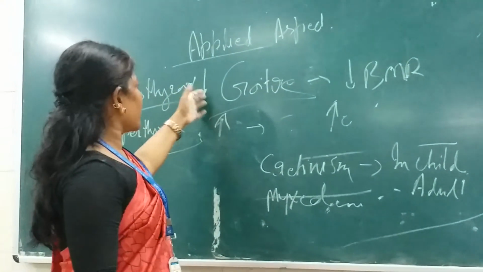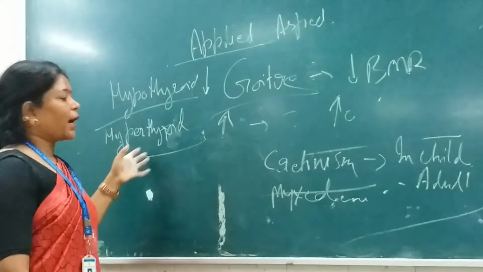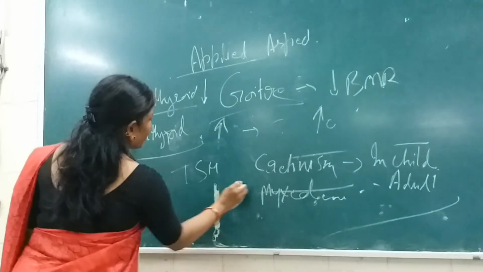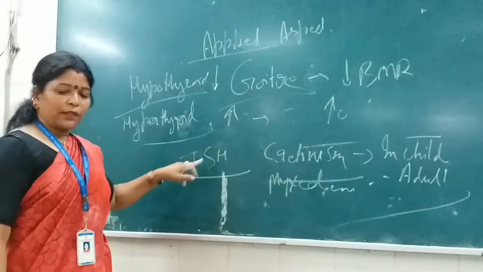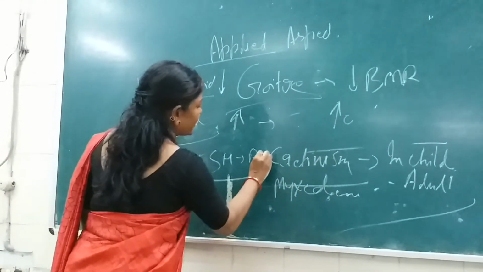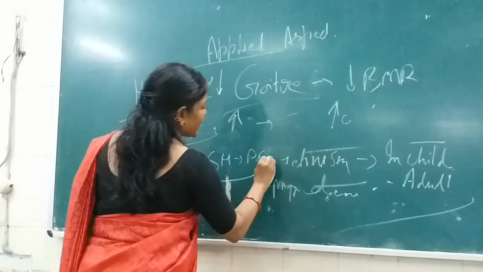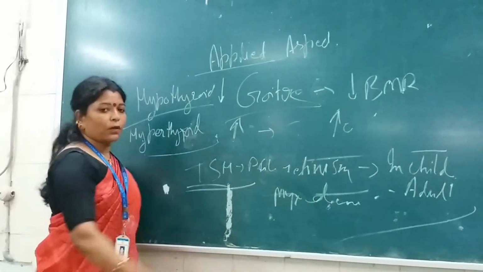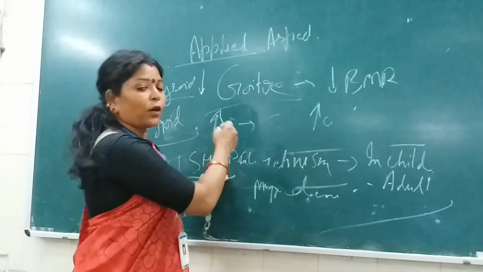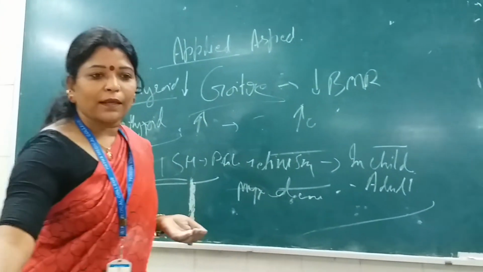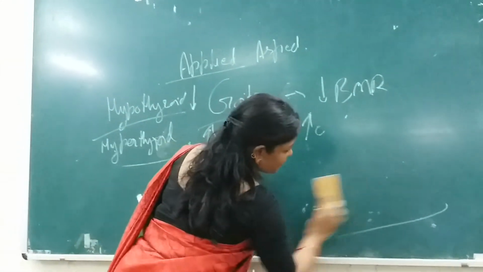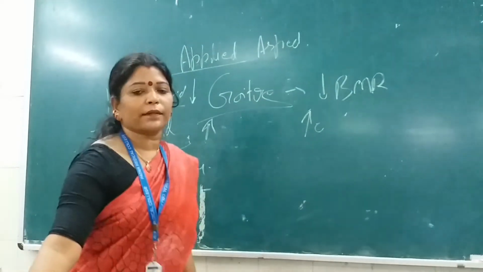You have to diagnose whether it is hyper or hypo depending upon the TSH. TSH is thyroid stimulating hormone released by the pituitary gland. All of you know that the pituitary gland secretes this hormone. So TSH level will be increased in which, hypo or hyper?